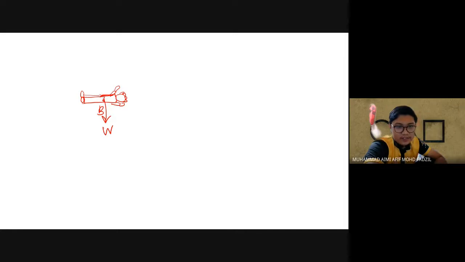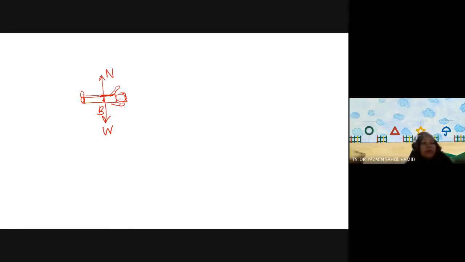Okay, so when Aimi is at position B, she has weight and she has normal force. So now what you need to do is find the normal force at B. You can use the same equation, summation of forces Fn equals to m a_n, positive upwards.